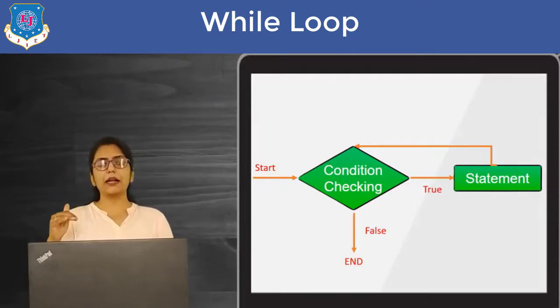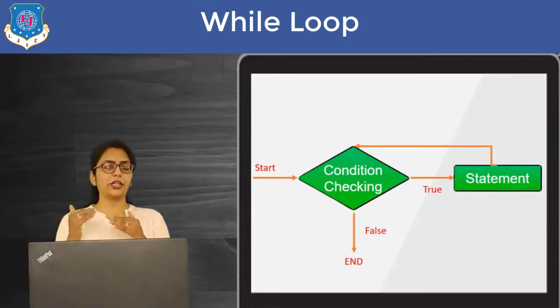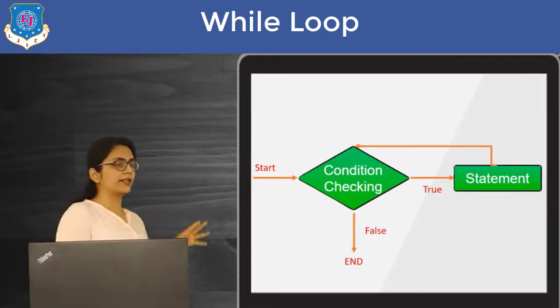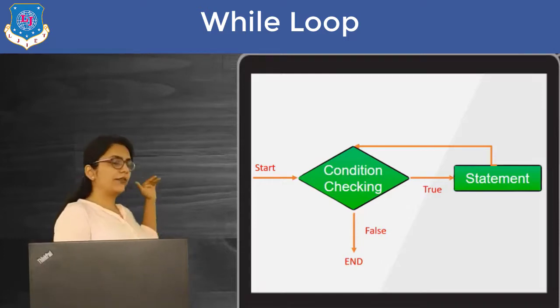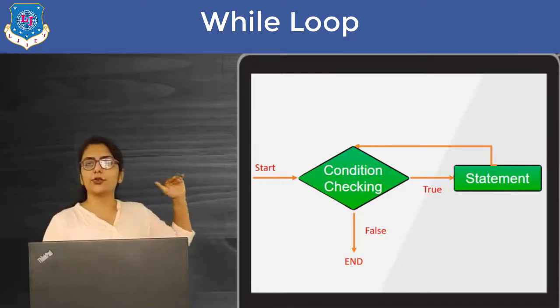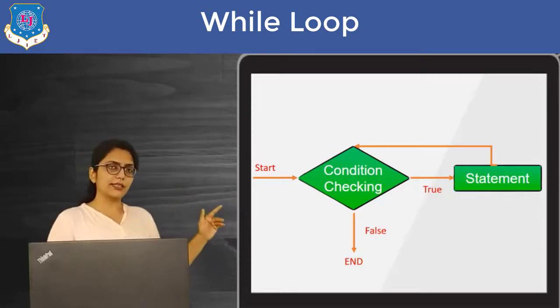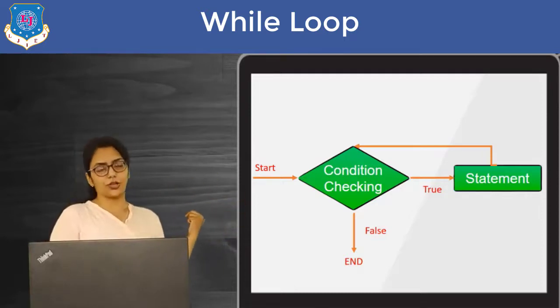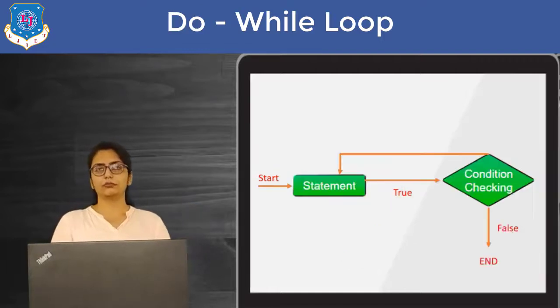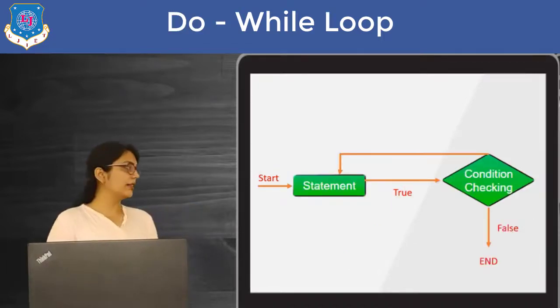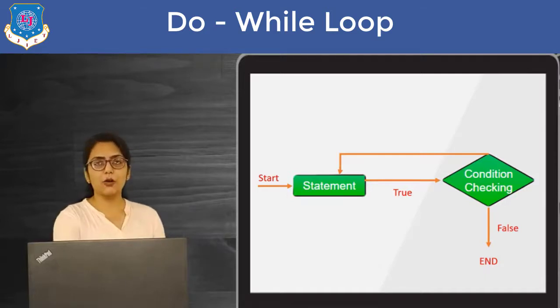Inside that block, at the end, I increment or decrement the loop variable, so that's why I have not written it separately. So in the while loop, first it will start and check the condition. If the condition is true, it will run the statements and come back to check the condition again. This keeps going until my condition is false. This is all about the entry control loop, that is, the while loop.